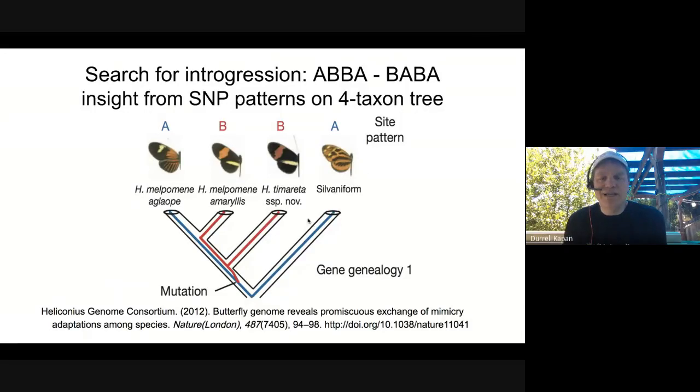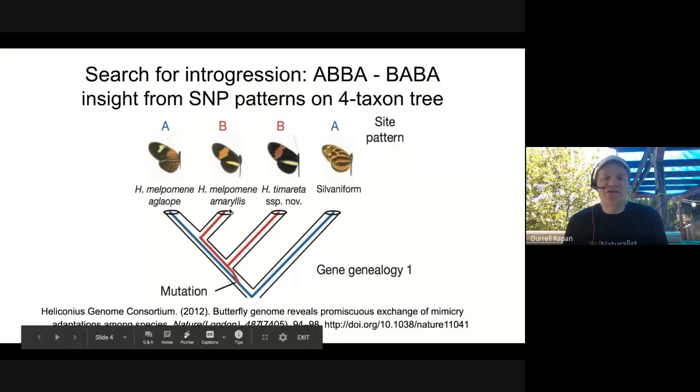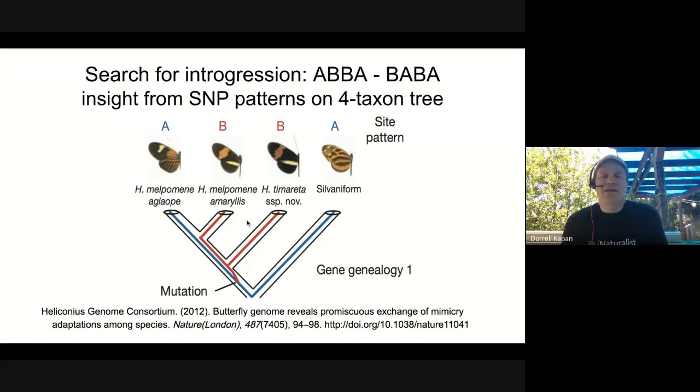And then if we see a mutation arise that marks a difference on the first two branches to the left of that outgroup, we can use that to try to figure out whether or not those two branches, or species, or races in this case, shared genes.